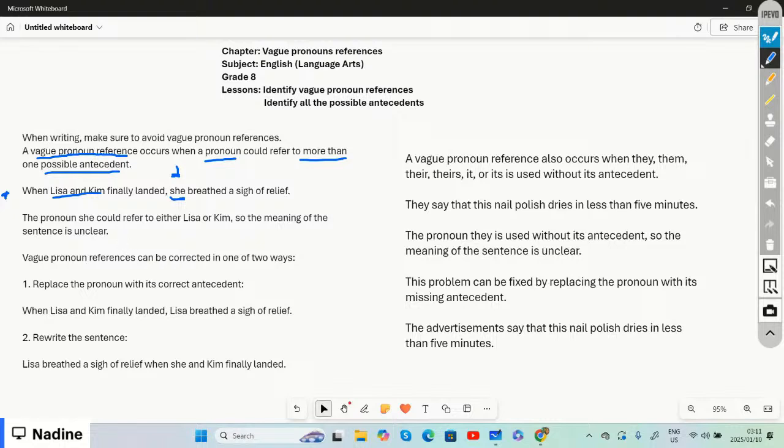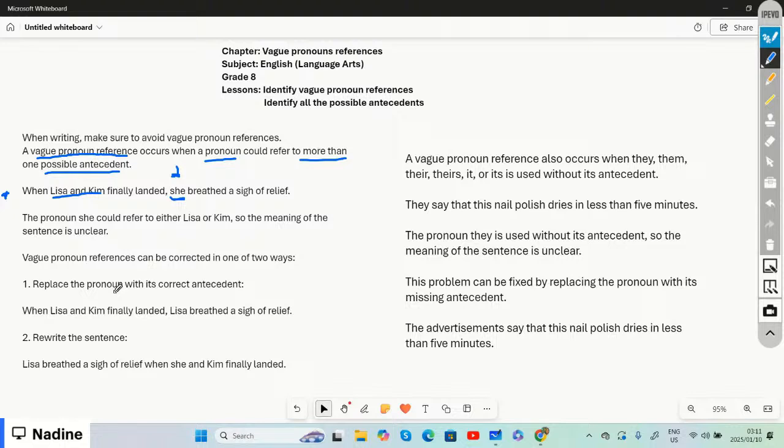So basically, this sentence alone is a vague pronoun reference because we don't know who it is referring to, which means that the sentence is unclear. Because it says both Lisa and Kim finally landed, but now they're saying she breathed a sigh of relief.